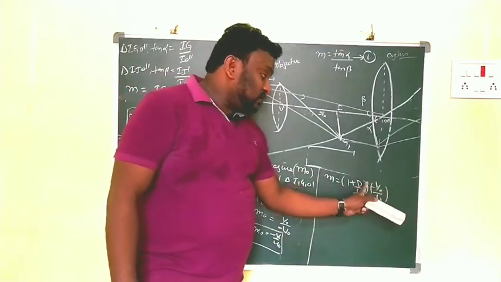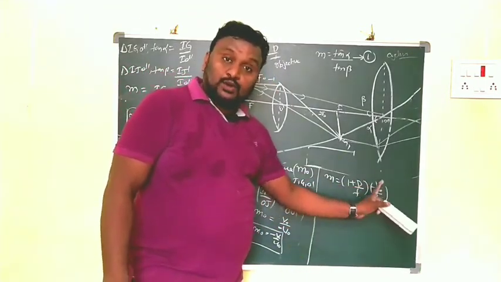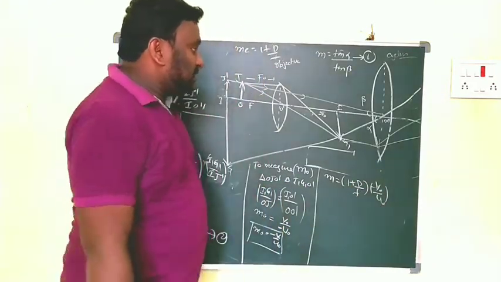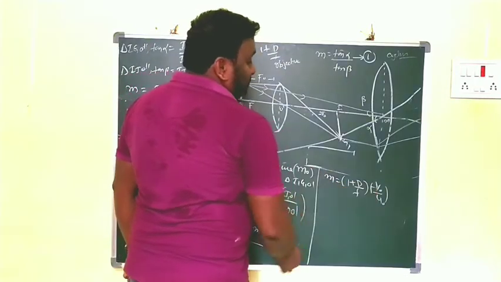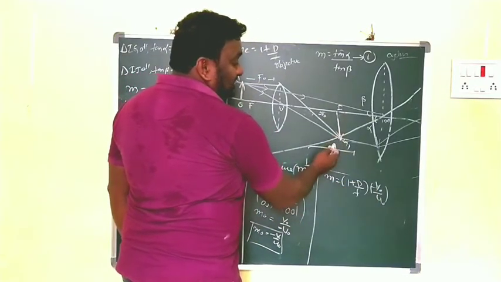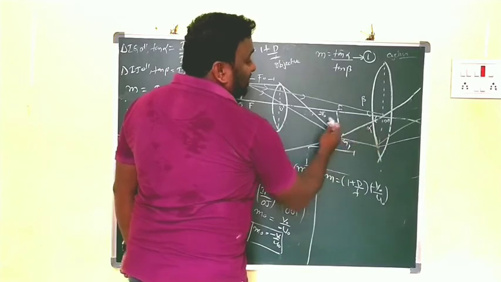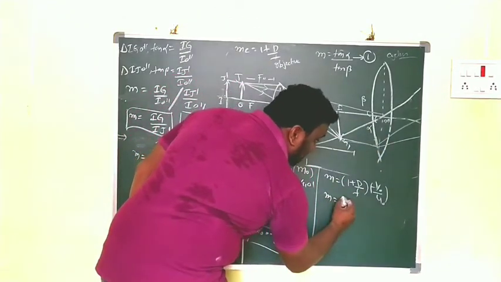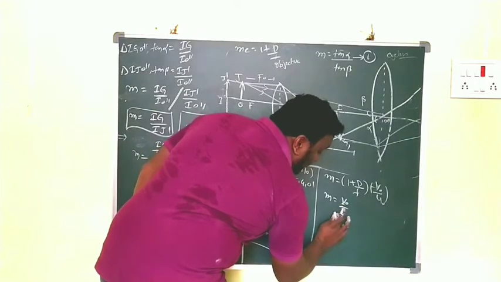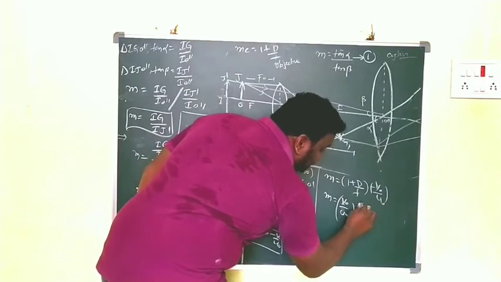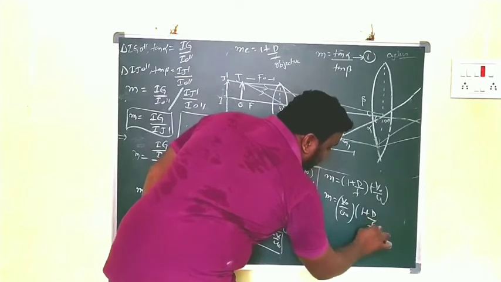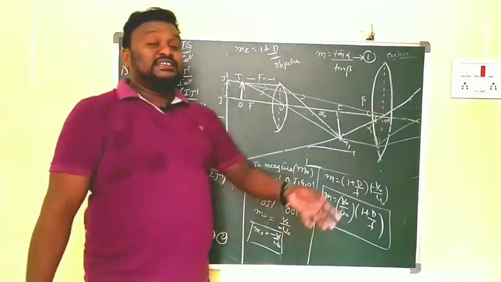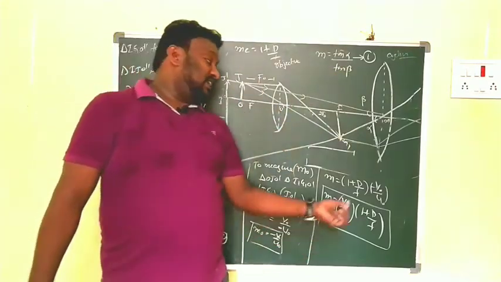And if you consider this, it is only for the object lens. If we go for the compound microscope, now this V0 also, here I1G1. So what we take, this is now minus. That's why, if you go for the compound microscope, its value should be V0 by U0 into 1 plus D by F. If you consider only the object lens, we write minus.